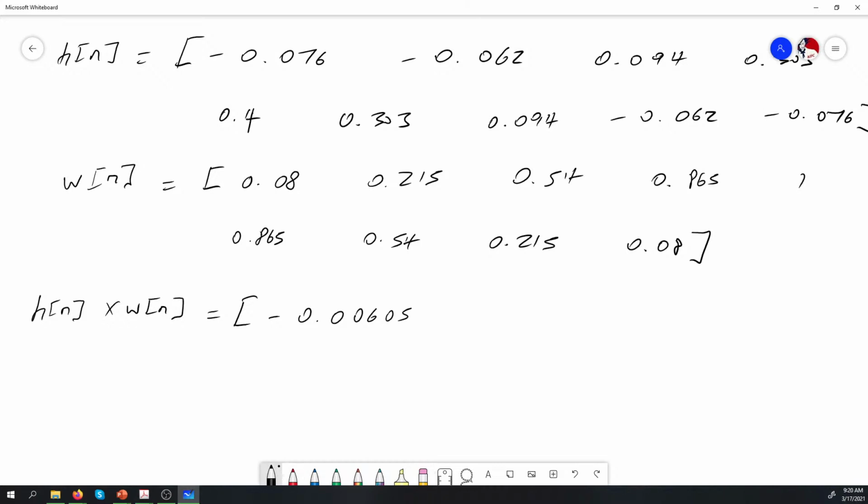The next one here is going to be minus 0.0134 from my approximations. Alright, next one is 0.0505. The next one is 0.262.